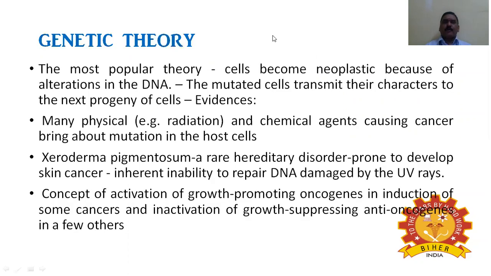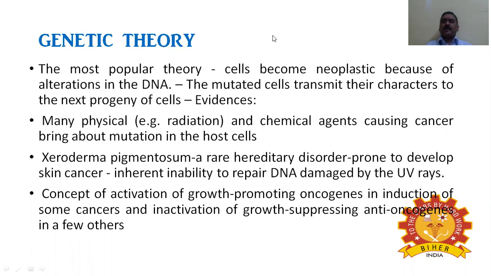Let us see one. What is the genetic theory? The most popular theory: the cells become neoplastic. Neoplastic means cancer. So the cells become neoplastic because of alterations in the DNA.